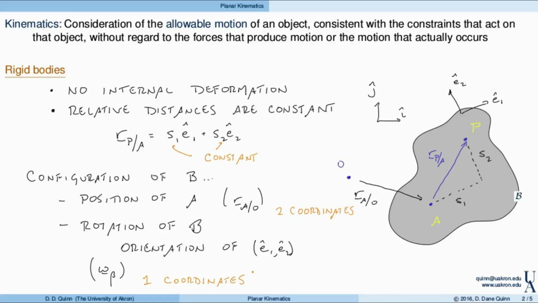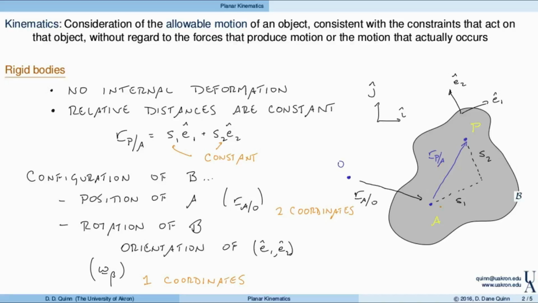If we have full three-dimensional kinematics, then we'll actually need 6 coordinates. 3 would be associated with the position of some point on the object, and then 3 more would be associated with the rotation of that object in space. But again, for planar dynamics, this point A can only move in the plane, right? So we have 2 coordinates that describe its location.